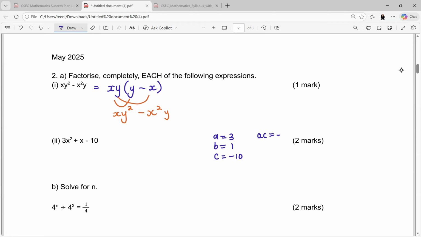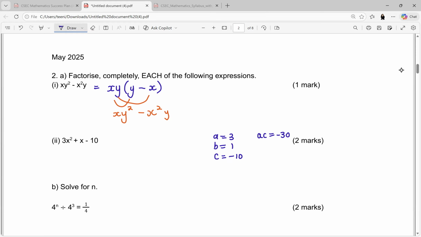That is negative 30. And then you ask yourself, what factors of negative 30, so what factors of AC can add or subtract to give you B, and at the same time multiply to give you AC. So you list your factors in pairs so that it's easier, right?